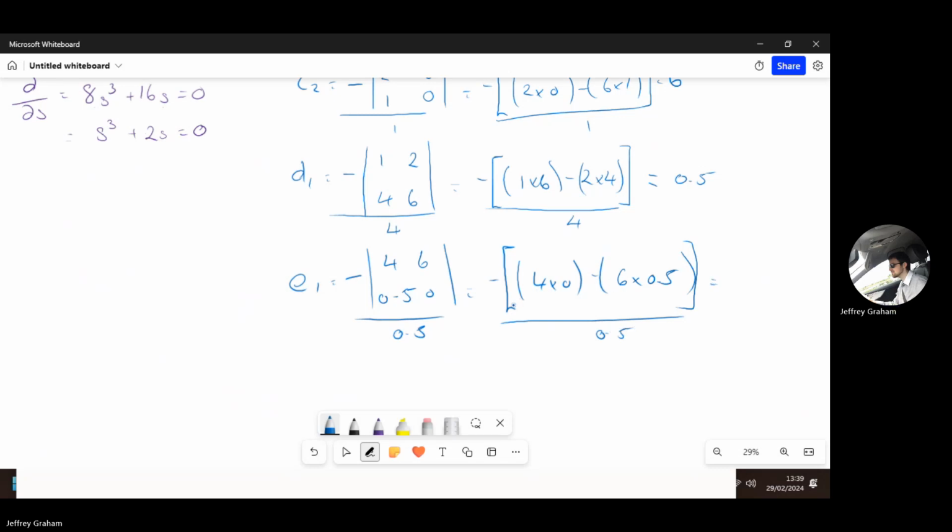Right, so that's 0. We've got 6 times a half, divided by a half is 6. Minus and the minus leaves that as +6.